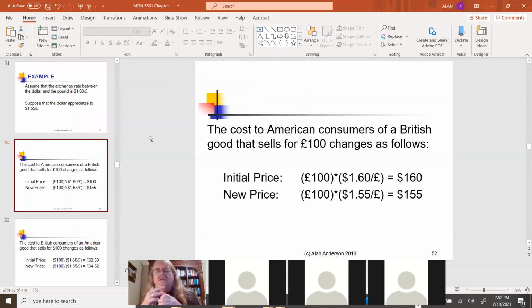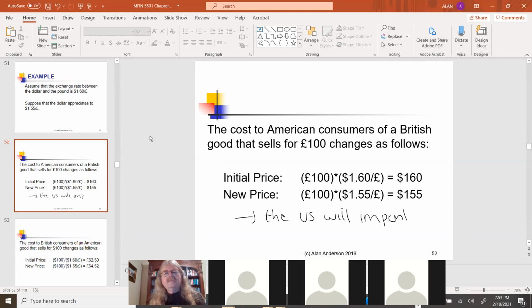Previously, with the old exchange rate, American consumers would have had to pay $160. Now it only costs them $155. So of course that means the US will import more British goods because they're cheaper.